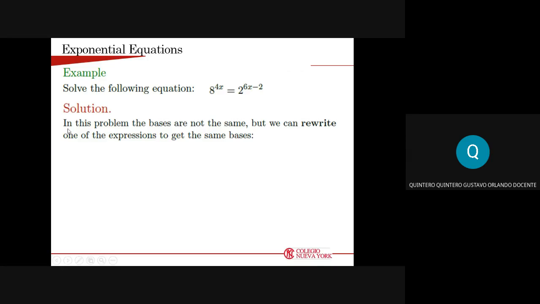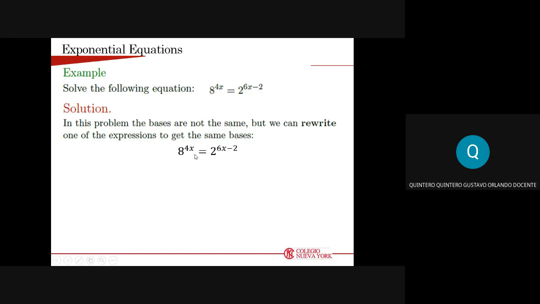Look at this. In this problem, the bases are not the same, but we can rewrite one of the expressions to get the same base. What? Yeah, sure we can. 8 can be expressed as a power whose base is 2. 2 to the 3 is 8.